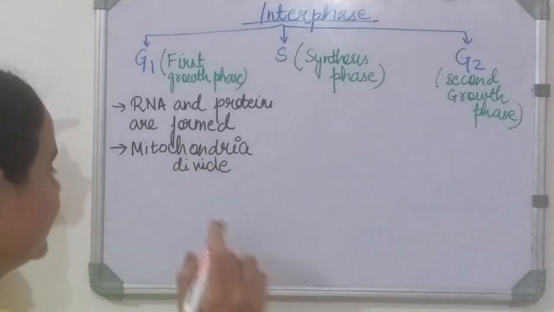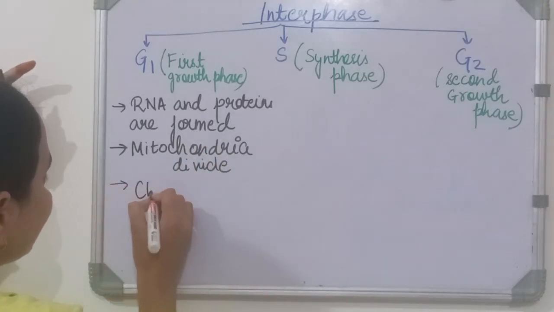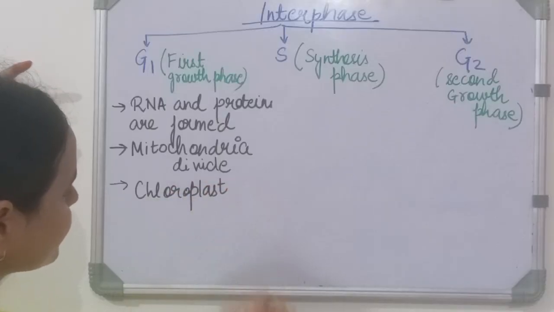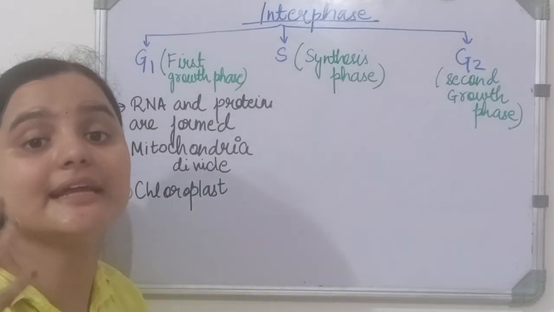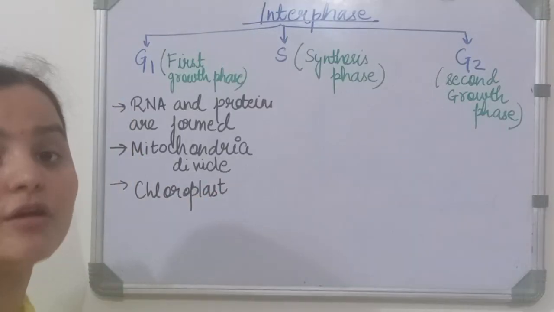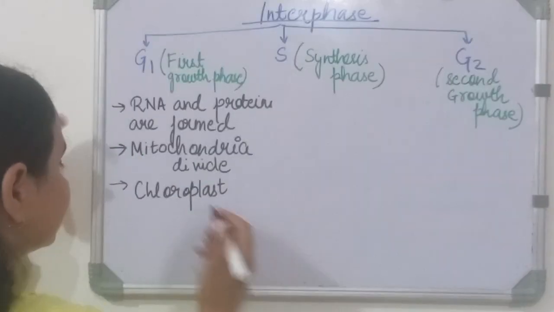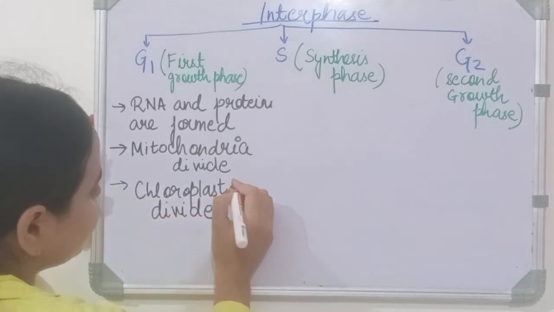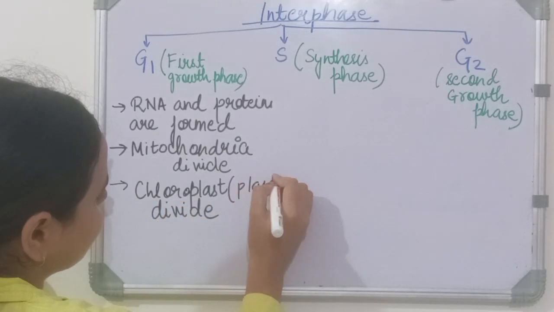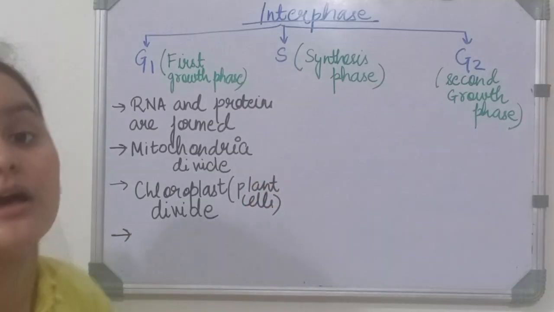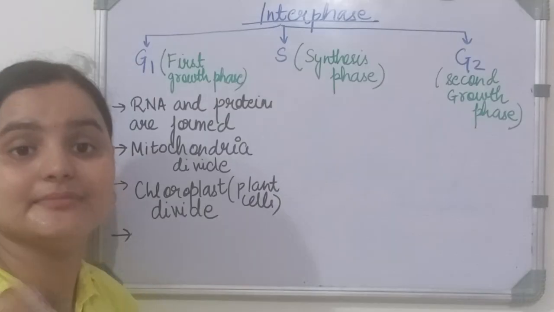It is duplicated. Then chloroplast. These chloroplasts are only present in case of plant cells. So these chloroplasts also divide in plant cells. You may write here plant cell. Now next, volume of cytoplasm increases.